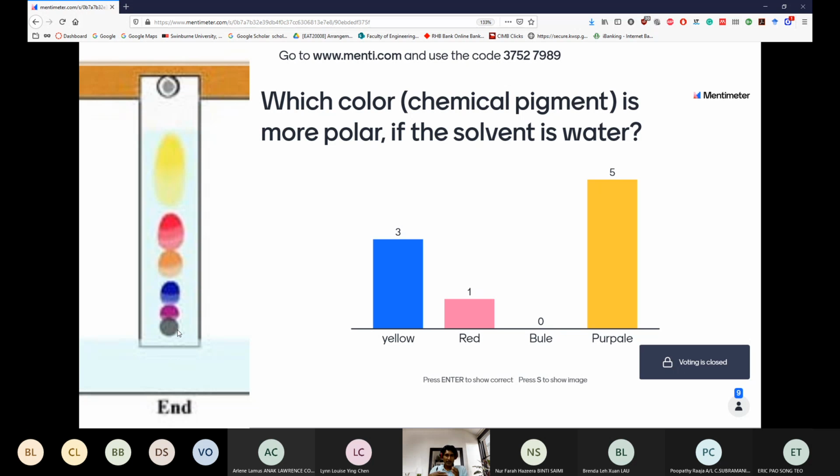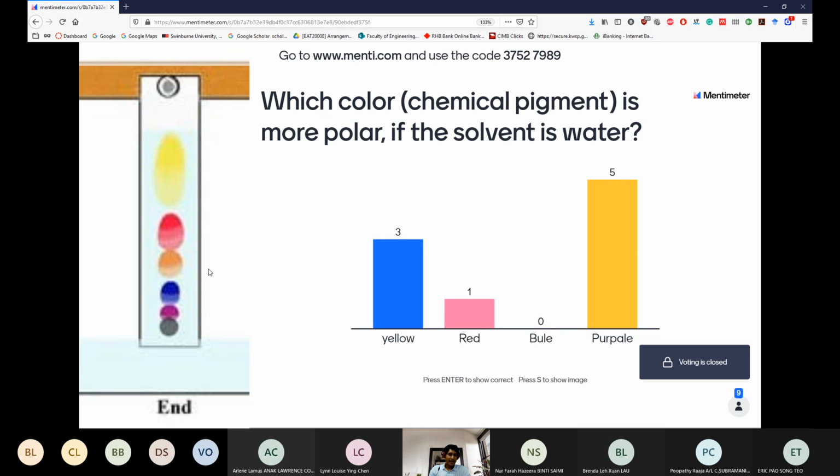If the mobile phase is polar, the stationary phase should be non-polar, or vice versa. So water is polar, so this stationary phase should be non-polar.